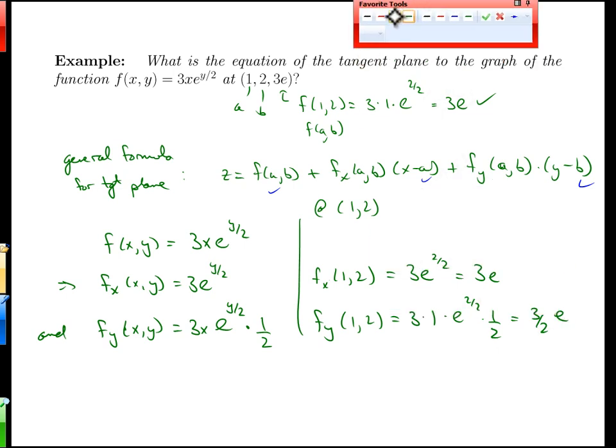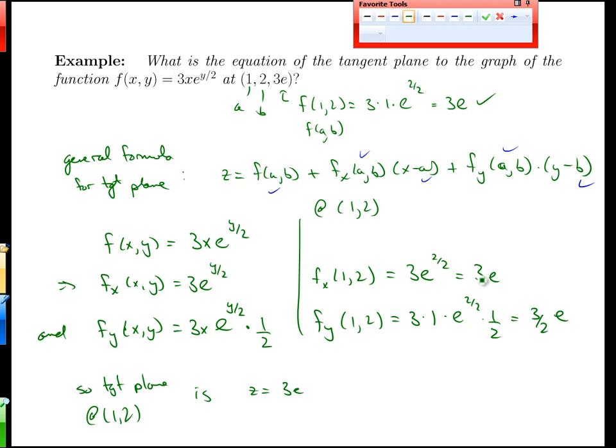All right, so with that, we have f sub x at (a,b) and f sub y at (a,b). And so our tangent plane at the point (1, 2) for x, y is z equals, what have we got? f of (a,b), that's 3e over here.